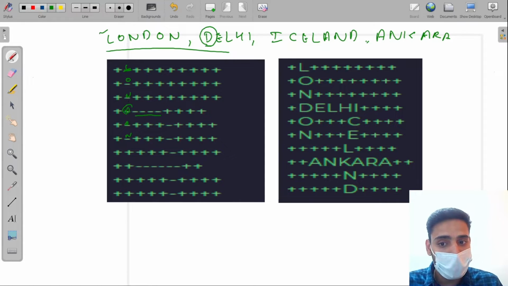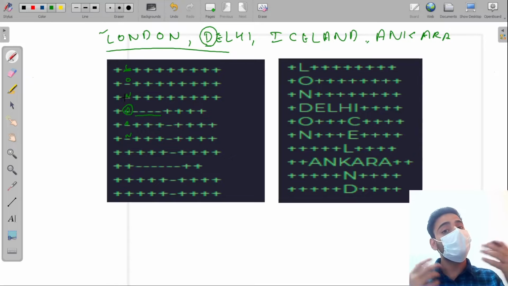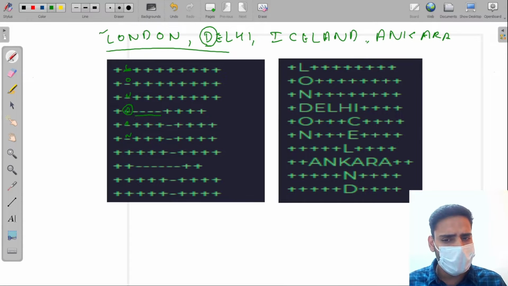If the first letter matches, we check whether we can place it horizontally. We get space for Delhi here, so we'll place it. We will check vertically as well, but we see that it's not matching. Here it is O, so we can't do it. So here we are having Delhi, so it will be D L H I. So there are two conditions for starting to place the word.